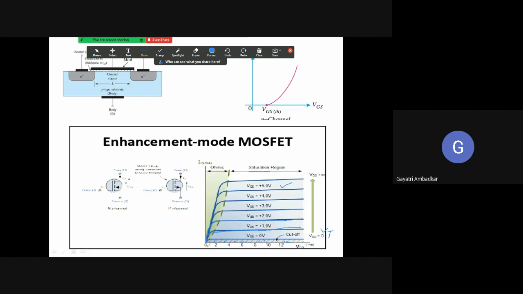And the region where the drain current is increasing linearly, linear increase meaning following Ohm's law, V is directly proportional to I, that is why we call it the ohmic region. So you have to show 3 regions: ohmic region, saturation region, cutoff region.